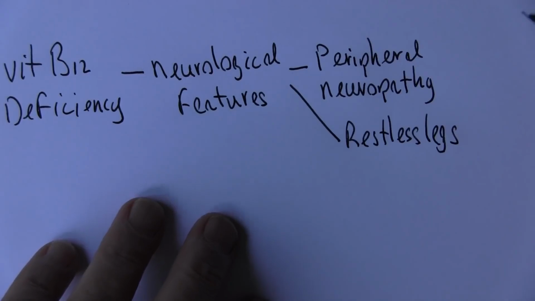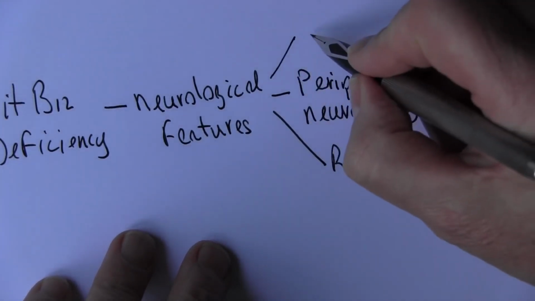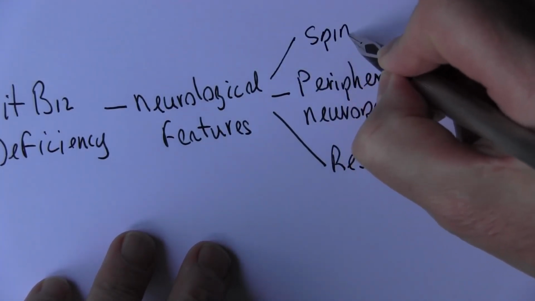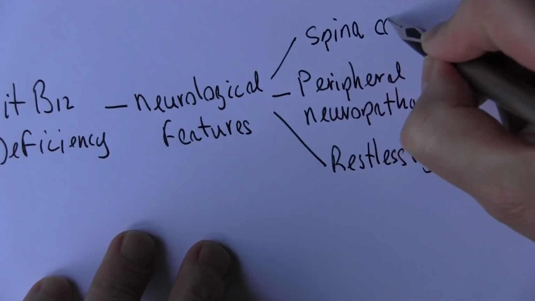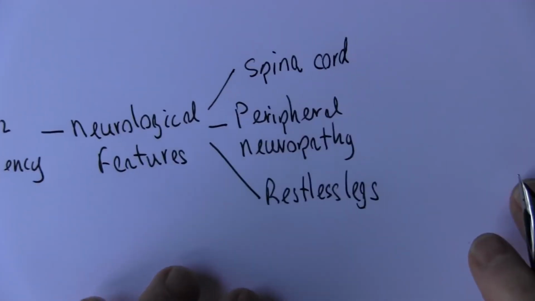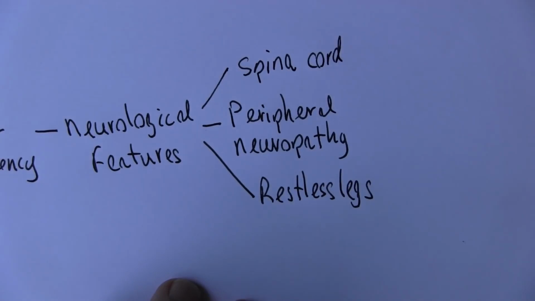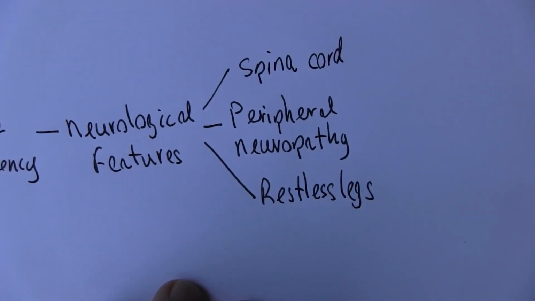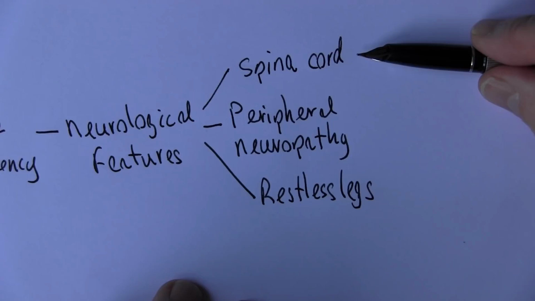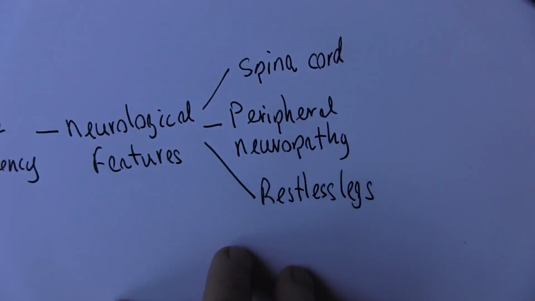Also in B12 deficiency, we get spinal cord problems. And particularly there's a condition called subacute degeneration of the spinal cord. And because the spinal cord affects all of the body below the neck, that's what can be affected.